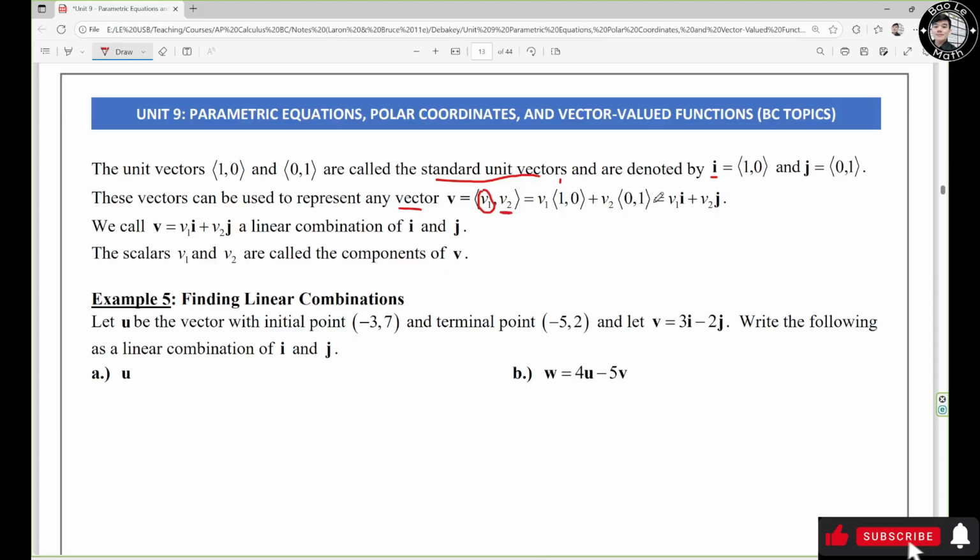And then I just rewrite this one as i, right? And this guy right here as j, right? So I have this one right here. Now we call v equals v1 i plus v2 j a linear combination of i and j. The scalars v1 and v2 are called the components of vector v, right?